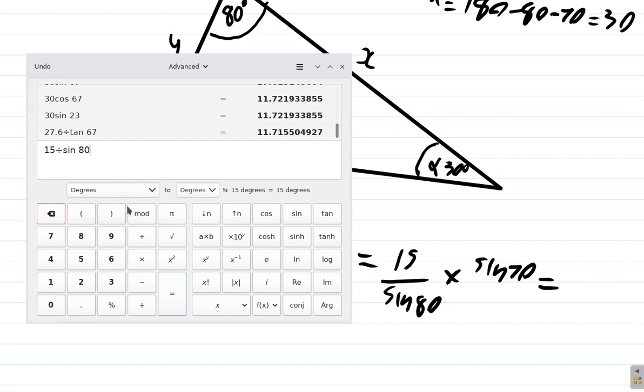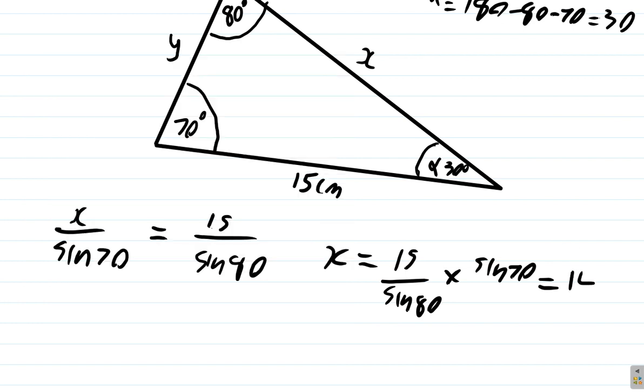And remember, your calculator should be in degree mode. Be careful about that. Multiply by sine of 70 equals 14.31. 14.31 centimeters would be x.